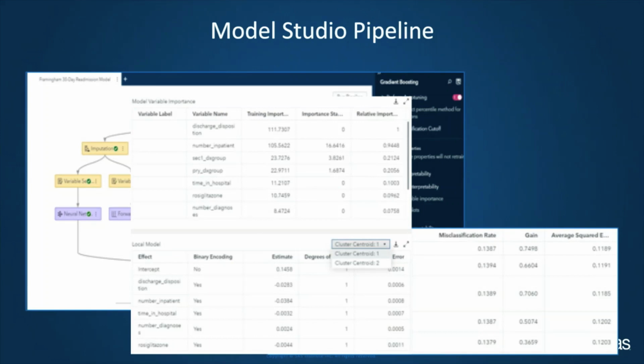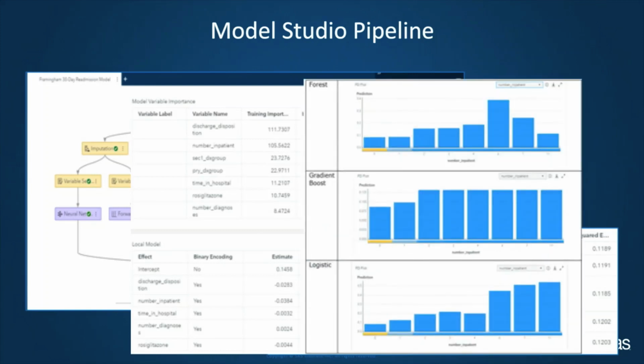Now that we see the important features, one of the other things that we can do really is to use the partial dependence plot to look at the relationship between features that is highly ranked and the probability of 30-day readmission. Here we've seen 3 different models fitted.